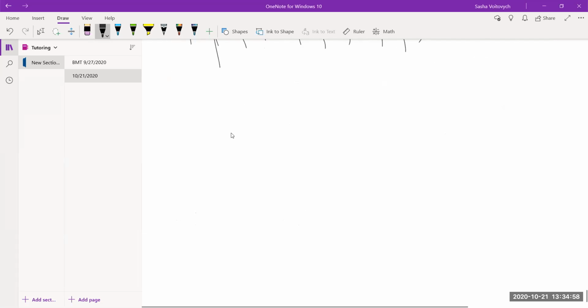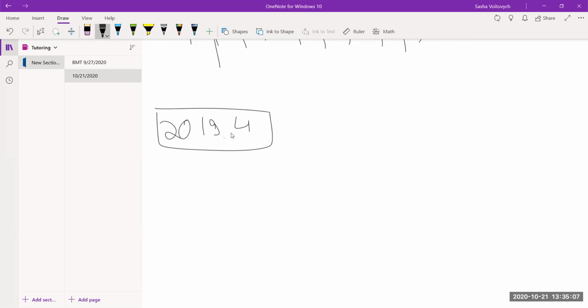Number 4, (2019.4). This one tells us that c squared f of x plus y is equal to f(x) f(y). And we also know f of 1 is equal to c.